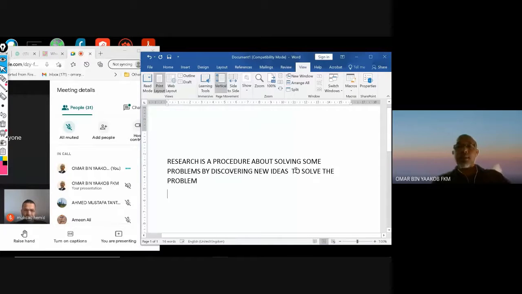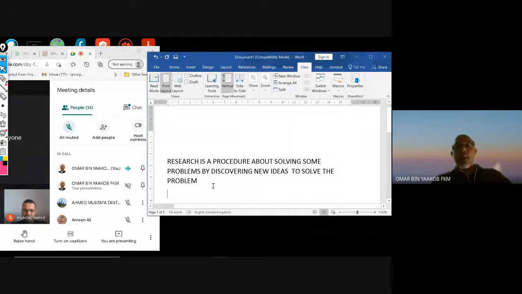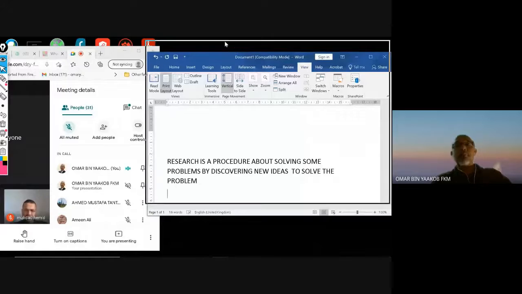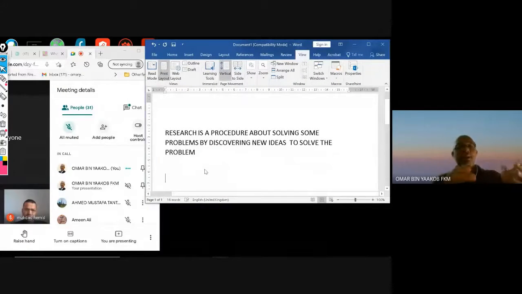I wrote it down here: research is a procedure about solving some problem by discovering new ideas to solve the problem. You can do two things. Number one, you can edit this, and number two, you may propose something completely new, until we get something that we can agree together is what our class thinks about research. Anybody want to try? Go ahead.